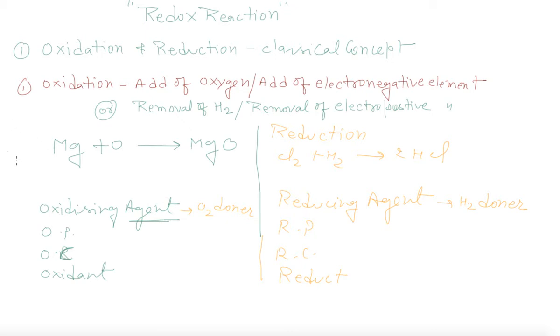We can take one simple example, CuO. Take it on the next page. Now write down CuO reacts with hydrogen and it gives you Cu plus H2O.